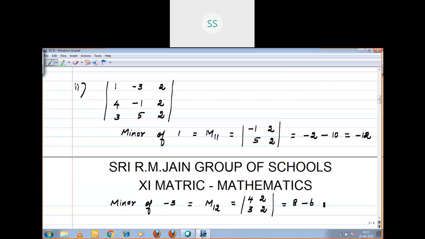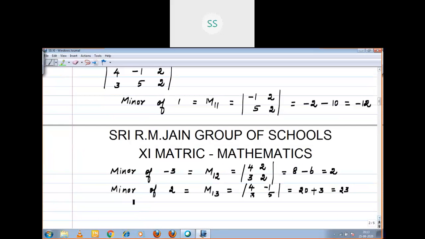So your answer is 2. Next, minor of 2, first row, third column. That means first row and third column should be deleted. What should be the rest? 4, minus 1, 3, 5, which is equal to product of main diagonal, that is 20, minus of minus, so plus 3, which is equal to 23. Got it, children?